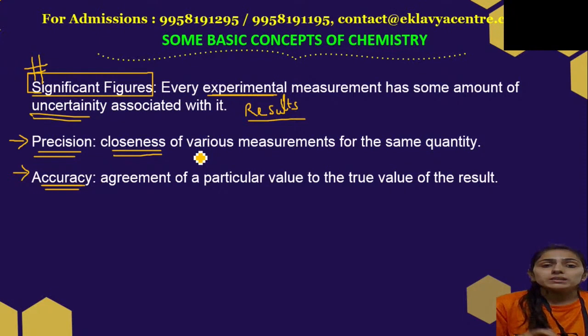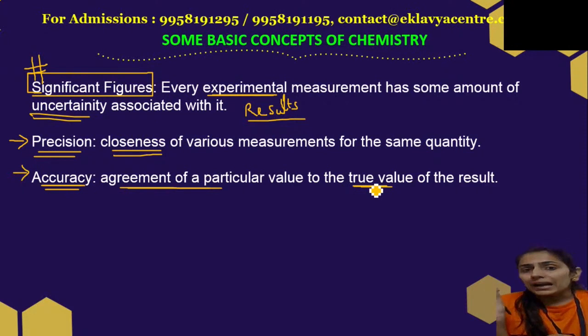But second is accuracy. Accuracy is agreement of a particular value to the true value. Suppose you know that you have to measure 2 gram of sugar in lab.